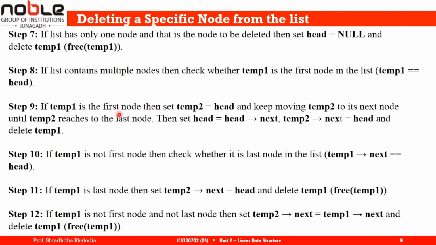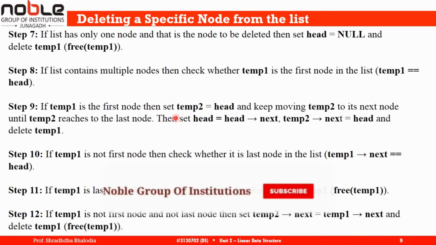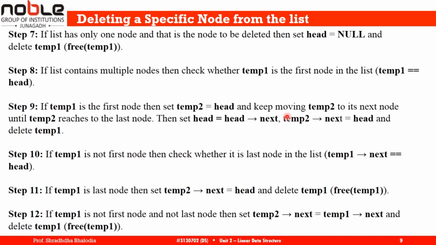If temporary 1 is the first node, then set temporary 2 equal to head and keep moving temporary 2 to its next node until it reaches the last node. Then set head equal to head's next and temporary 2's next equal to head and delete temporary 1.